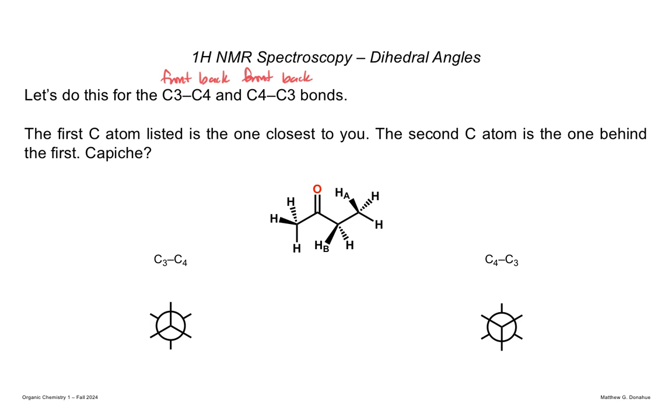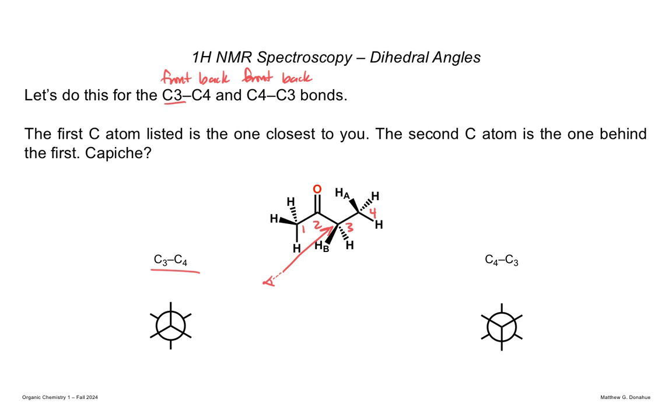So the first atom that's listed again is the front carbon. That's the one closest to you. So we number 1, 2, 3, 4 carbons of the backbone. For this projection, we want to look down the C3 to C4 bond so that our eyeball is there.